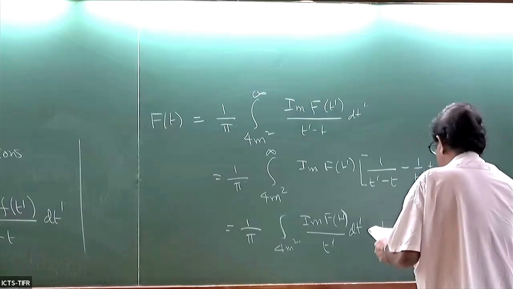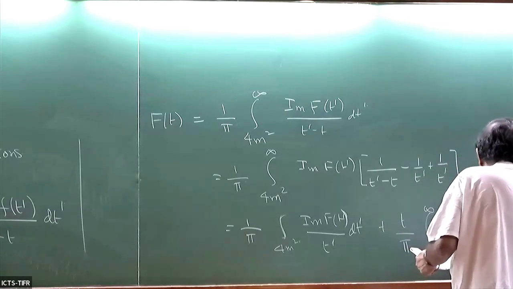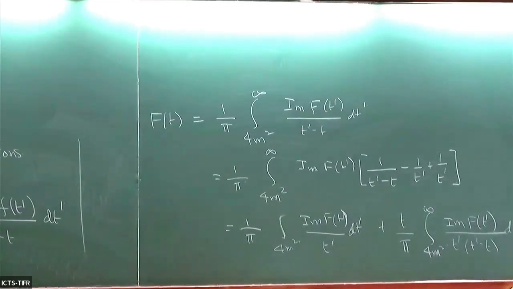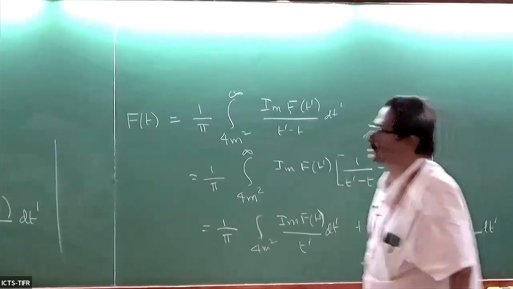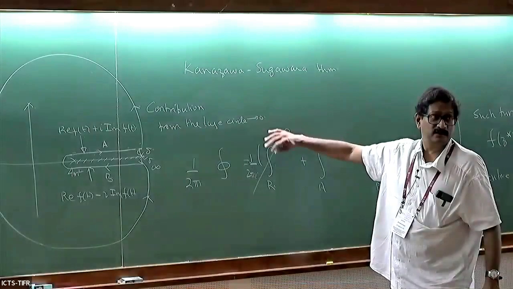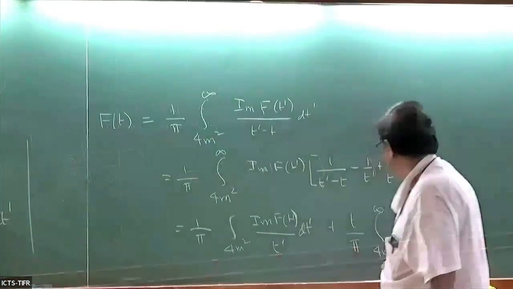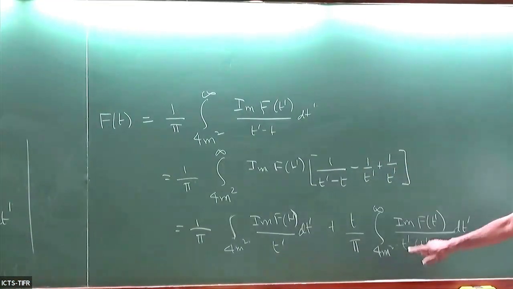Now note this, t prime minus t dt prime. So if you thought that this integral over here on the large circle doesn't converge fast enough, what you can do is divide it by an additional power of t prime so that it damps out faster on the large circle.